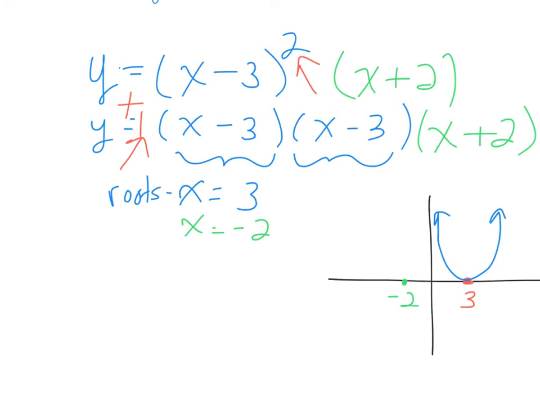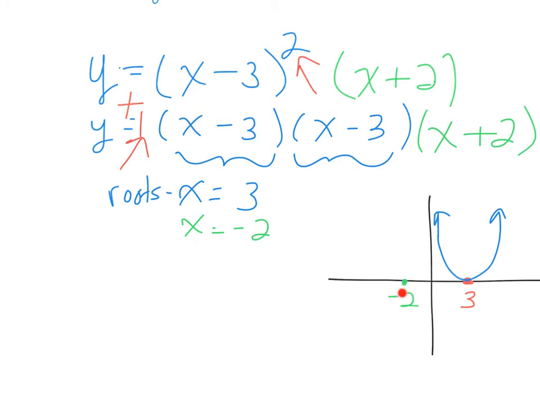So now I can see, based on the number of factors of x, I've got 1, 2, 3 factors of x. Again, this is a cubic. So being a cubic, it's going to look more like a line. And I've chosen to make this a positive coefficient, which means it's going to start down here and go upward.